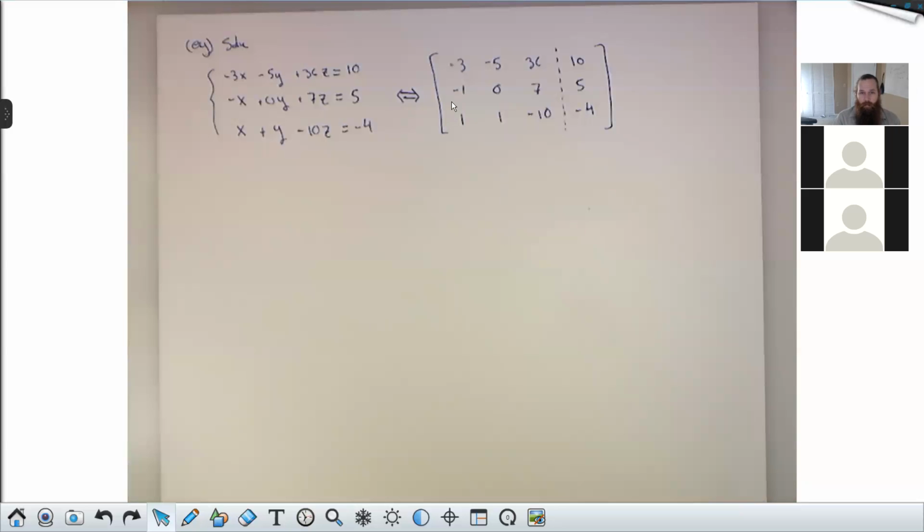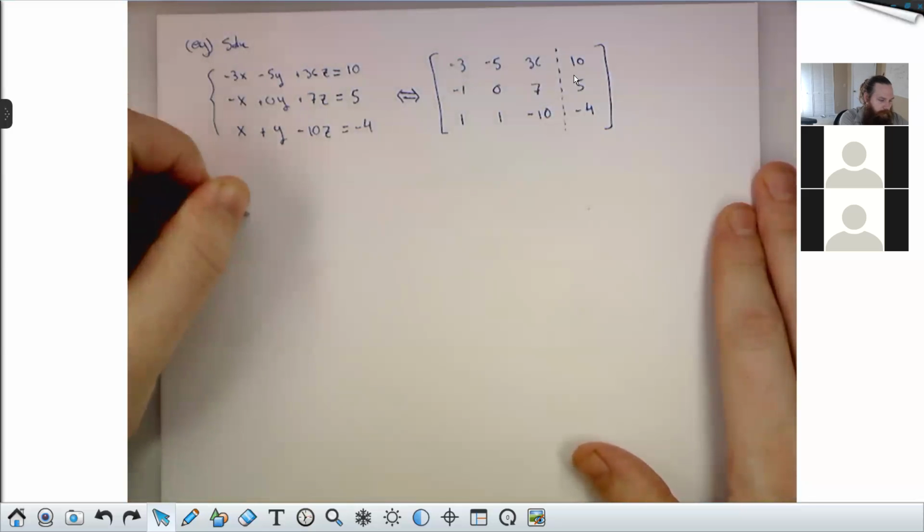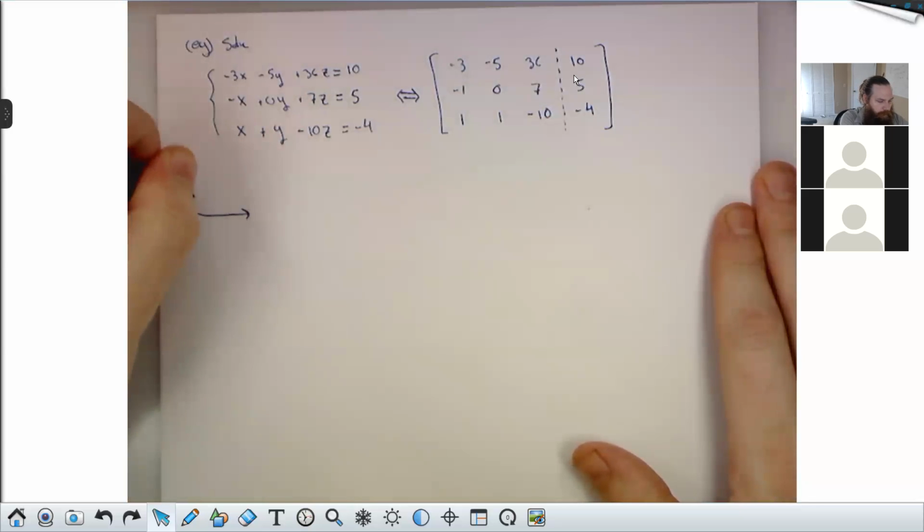One way I can get a 1 in this pivot position is by swapping row 3 with row 1. Let's do that. So I'm going to swap row 3 with row 1.